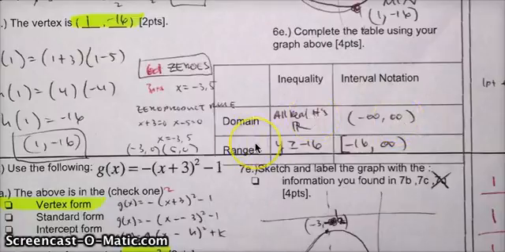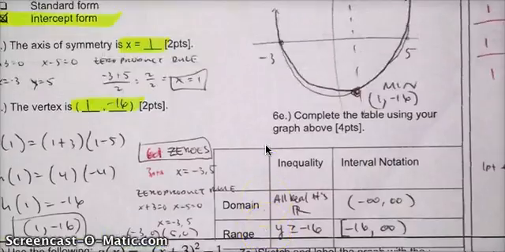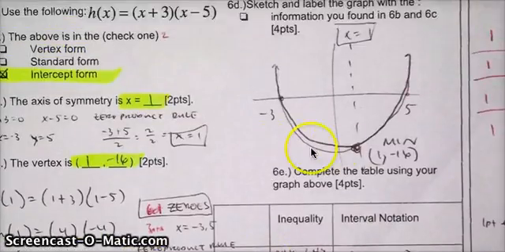To get the range, I'm going to go from the bottom to the top. Here I don't have a line, so I'm just drawing with my mouse arrow. The first thing I'm going to touch is negative 16, because I'm going on the y-axis. So that's negative 16, and this is positive 1.